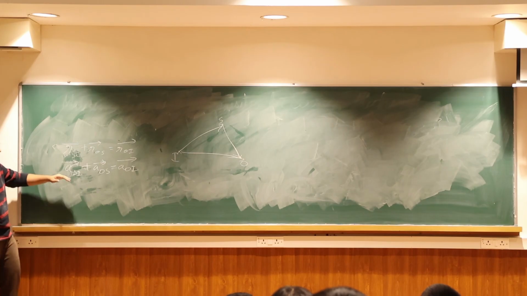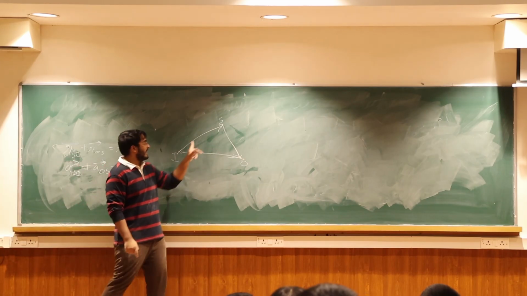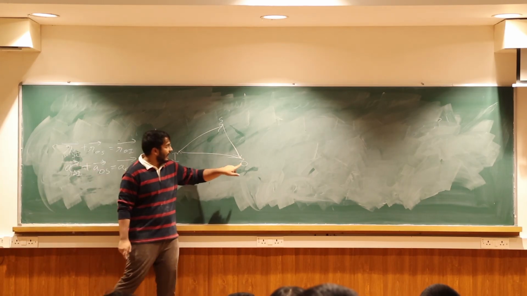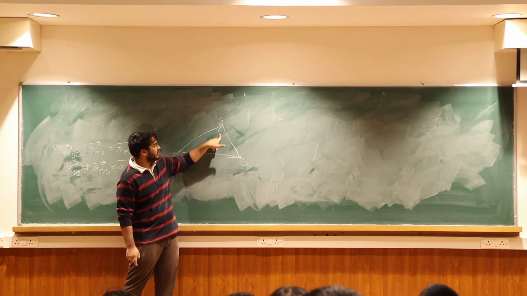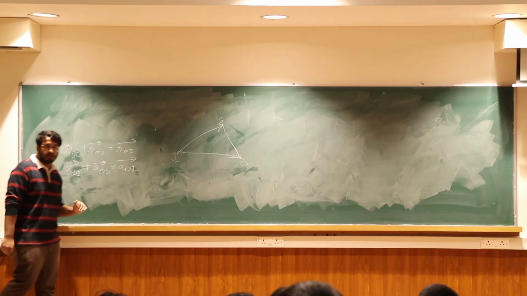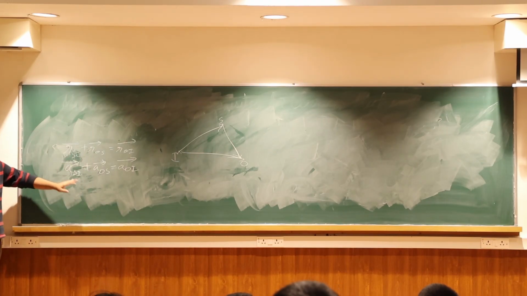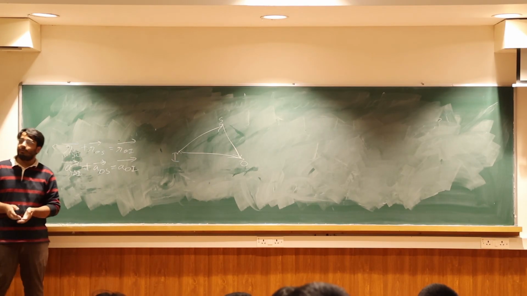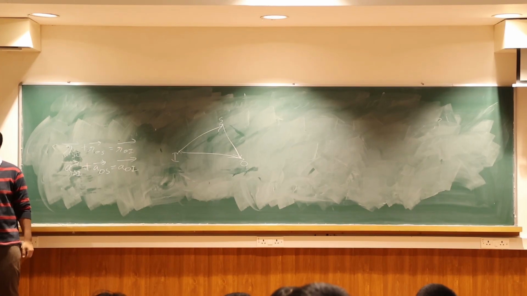So what I get is the acceleration of S with respect to I and the acceleration of O with respect to S, when added, gives me the acceleration of O with respect to I. If I send it there, that is what you would have studied in your coachings as relative motion.